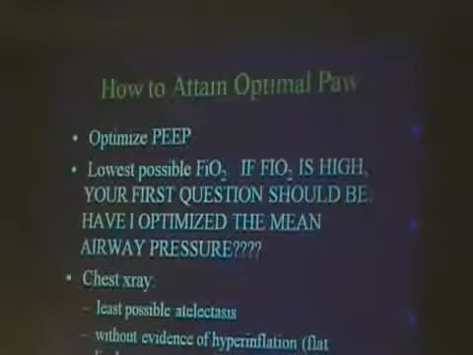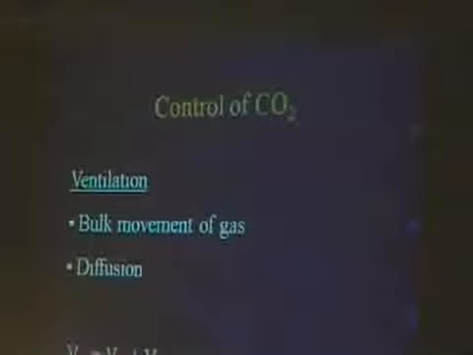Because when you're at optimal mean airway pressure, your FiO2 will be the lowest possible. Okay? A really critical point, and we're going to come back to it again and again as we talk about high-frequency ventilation. But it's also critical with conventional ventilation. And optimal PEEP is the single most important way of doing that.